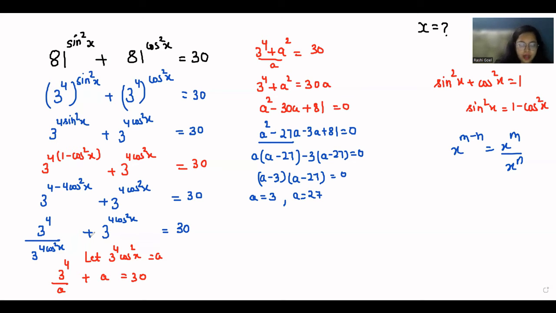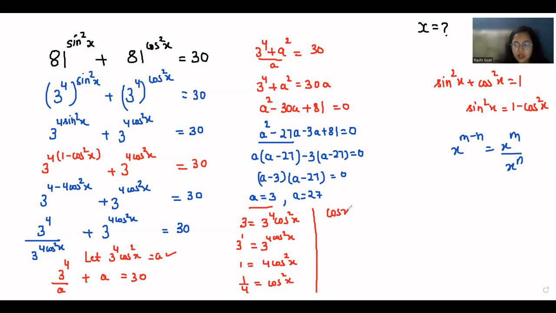So we have taken a substitution, so let's put it here. When a is equal to 3, so 3 is equal to 3 power 4 cos square x. So 3 power 1 is equal to 3 power 4 cos square x. So 1 is equal to 4 cos square x, because if the bases are equal, their powers are also equal. So 1 by 4 is equal to cos square x.